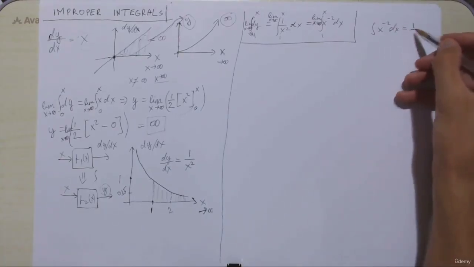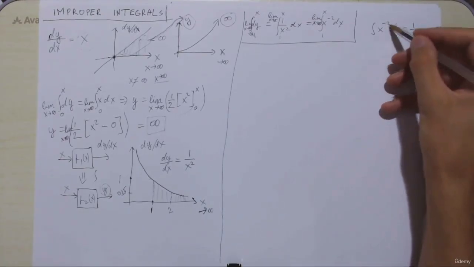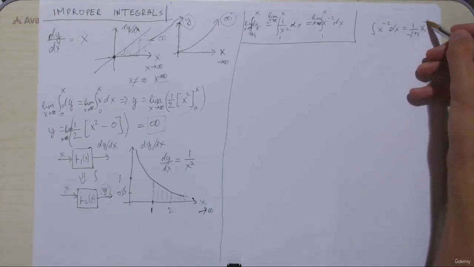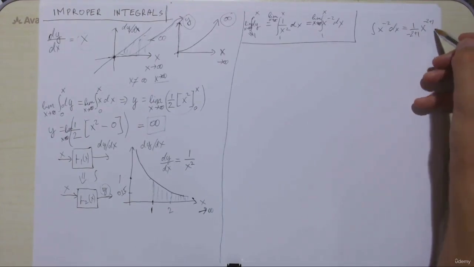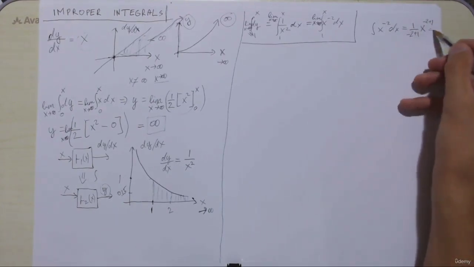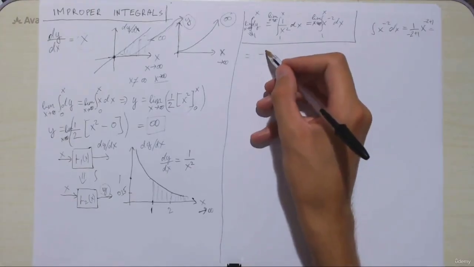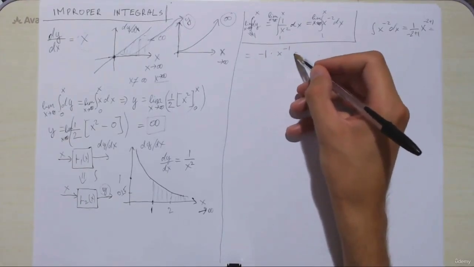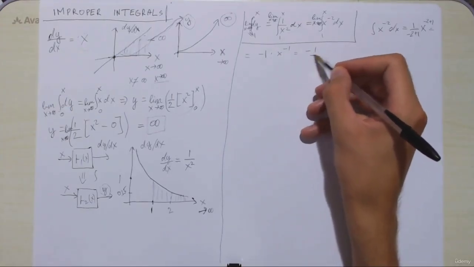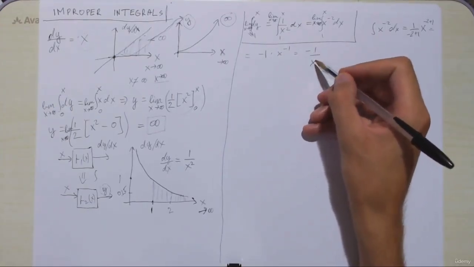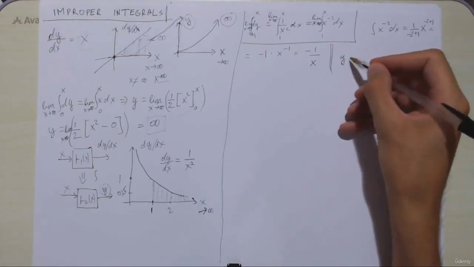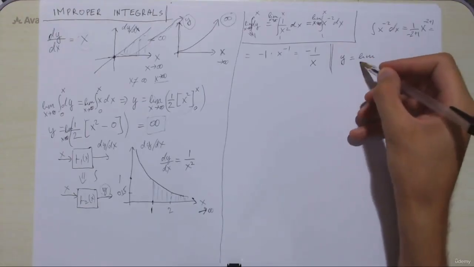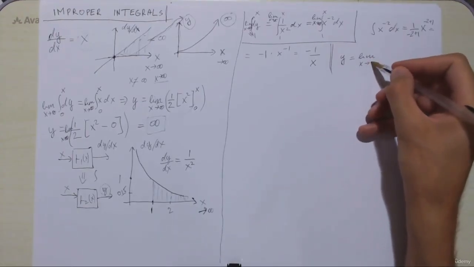Well, here in the denominator we put -2 plus 1, and then here we would have -2 plus 1, which means that we would have minus 1 times x to the power of minus 1, or minus 1 over x, right?